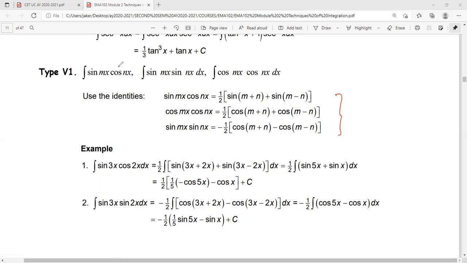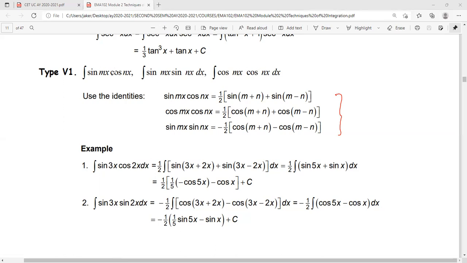The only challenge here is that the angles are not the same. Let's say this is sine x, this one is cosine 2x. If this is sine of 5x, this one is sine of 2x, or cosine of 3x and cosine of x, something like that. In our vernacular language, they are not the same theta. So what would you do?